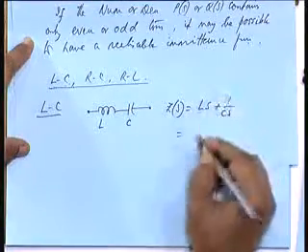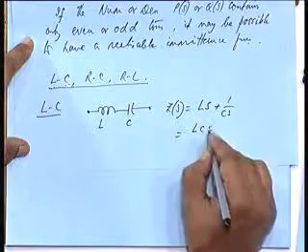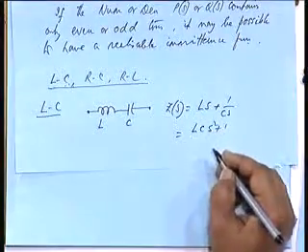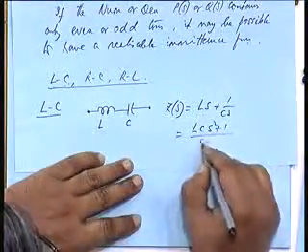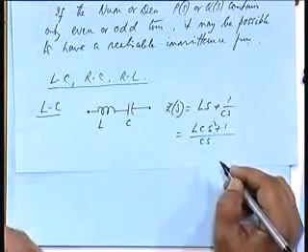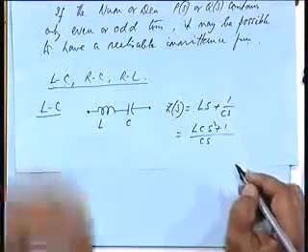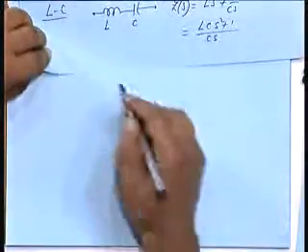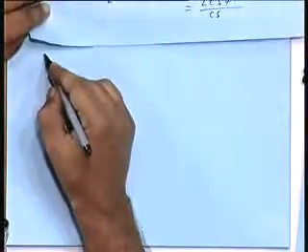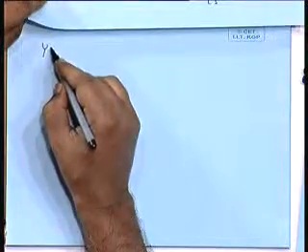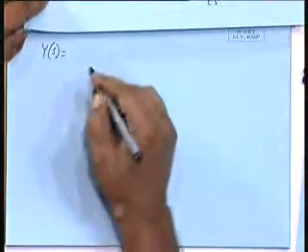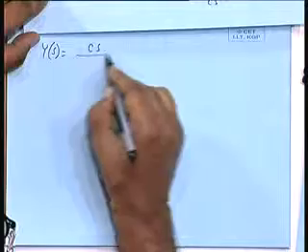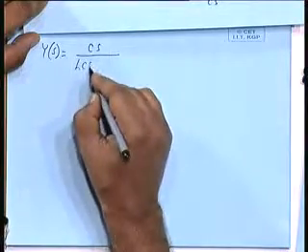If you simplify this, LC S squared plus 1 divided by CS. Let us take the admittance corresponding to this, YS, which will be CS by LC S squared plus 1.